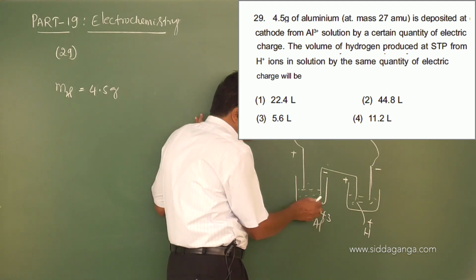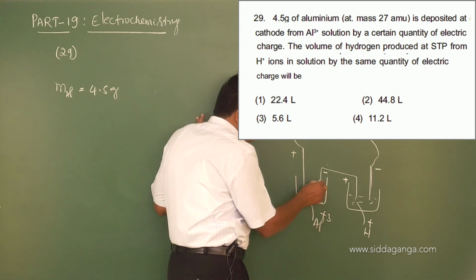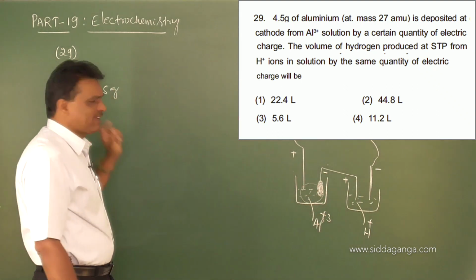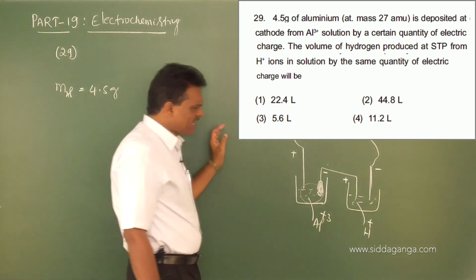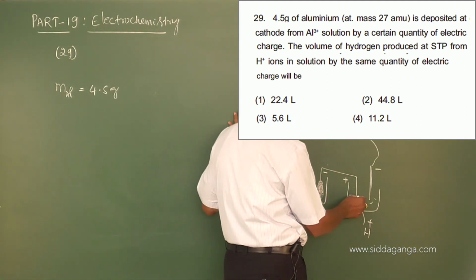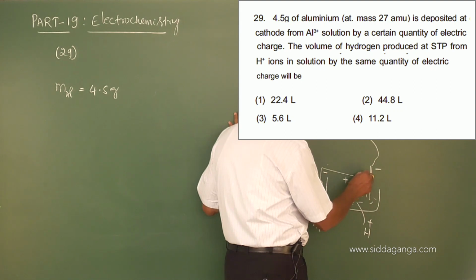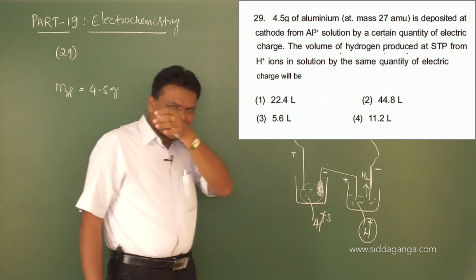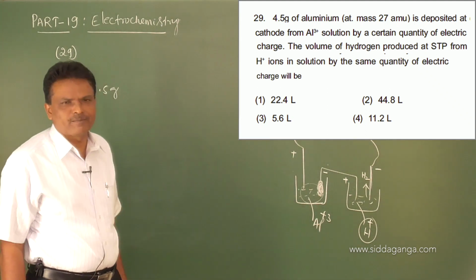In the container containing aluminum ions, the mass of aluminum deposited on the cathode is 4.5 gram. And at the same time, what volume of hydrogen gas is liberated at cathode from the solution containing H plus? That is the question.